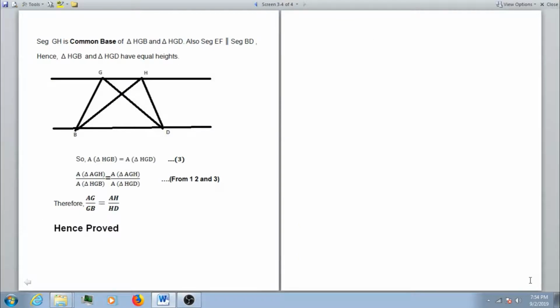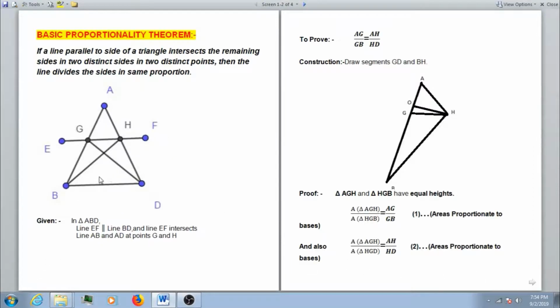Next is segment GH, which is a common base of these two triangles. Now we are considering the triangles HGB and HGD. Both triangles have the common base GH.